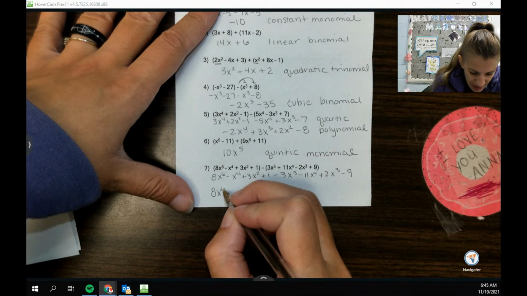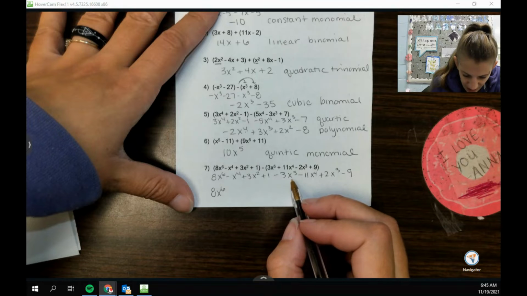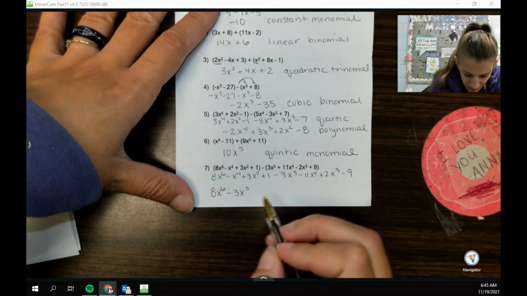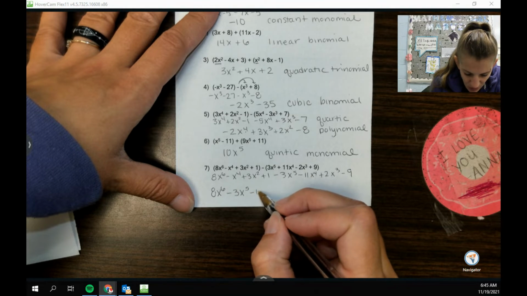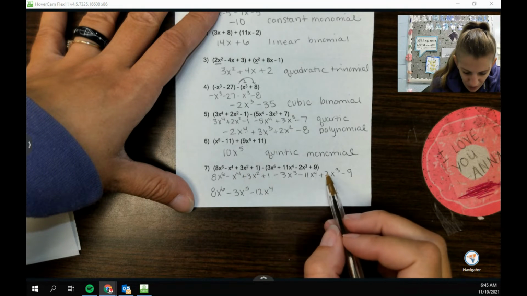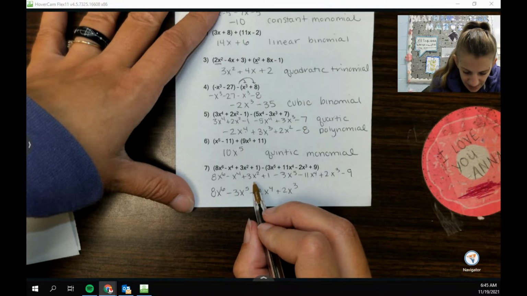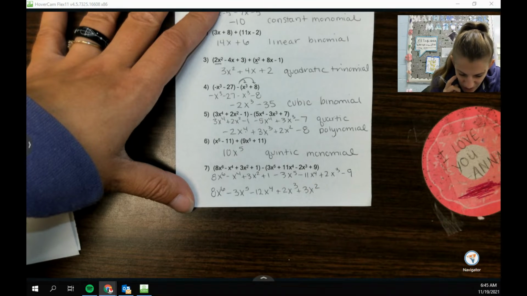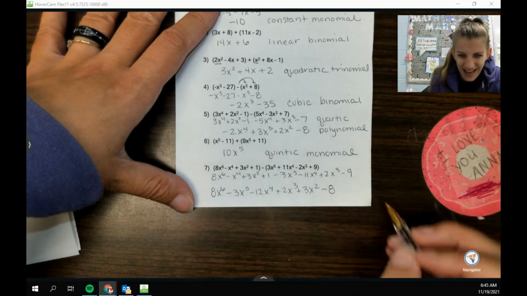But I don't think there's anybody to combine it with. Then I look for x to the fifth, and I also don't think there's anybody to combine that with. To the fourth, and I do have negative 11, negative 1, so negative 12x to the fourth. Then I'm looking for x to the third, and I can just bring that down. To the second. To the first, nope, and then a non-x thing, so just negative 8.